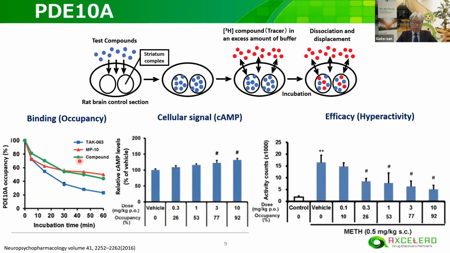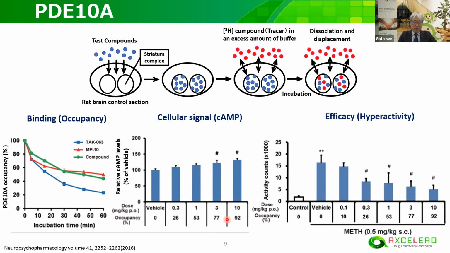In addition, since we observed that the production of cyclic AMP, in which the enzyme reaction was inhibited by the binding of the compound, was increased, we confirmed the relationship between this occupancy rate and the production of the cyclic AMP by compound in the rat brain in vivo.